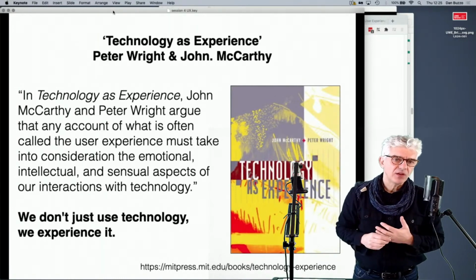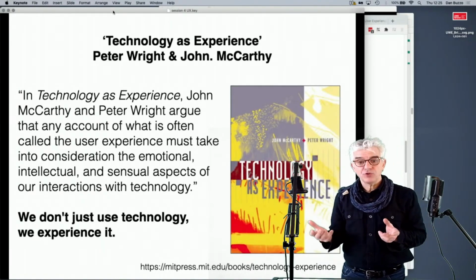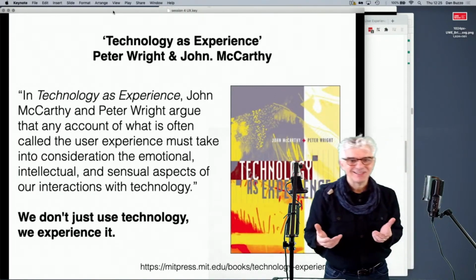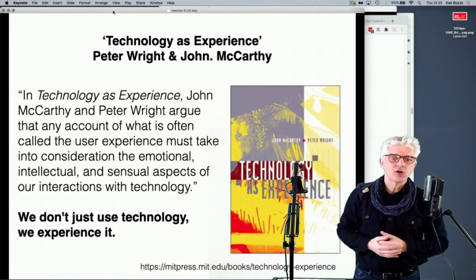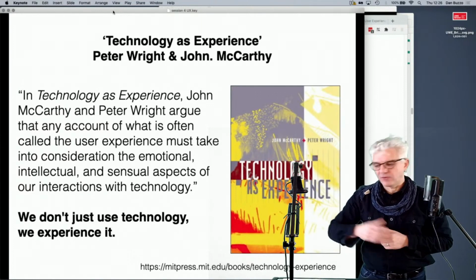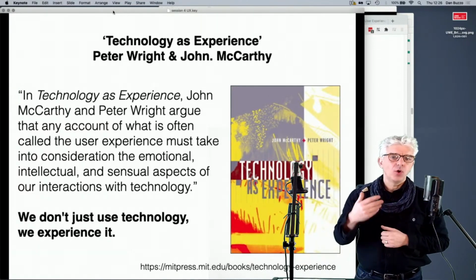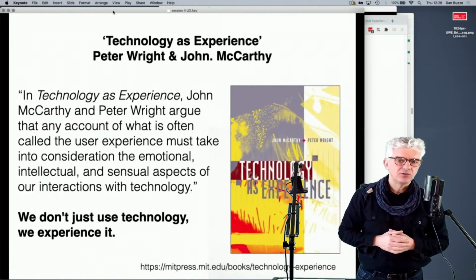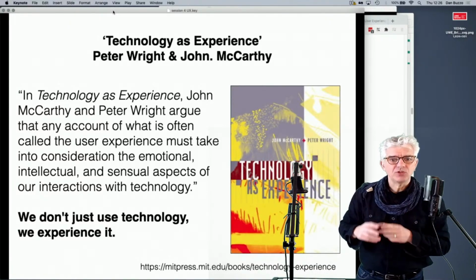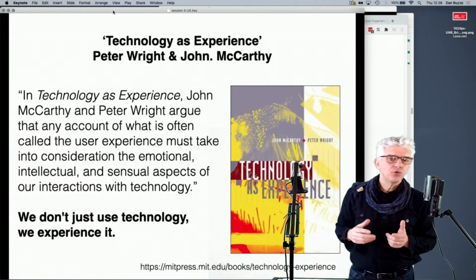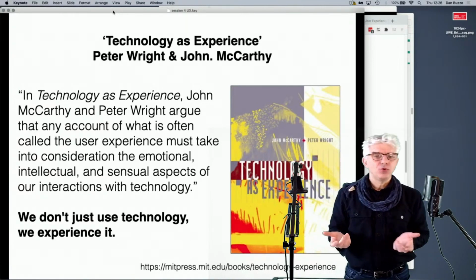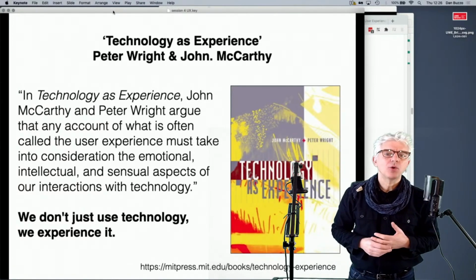If that sounds strange, a lot of the discussion around using technology or design of technology and our interactions with technology, whether it's a television or a mobile phone or a lift or an accounting package, is that we use it. But if one talked about a beautiful garden that we might go and walk in, we wouldn't talk about using the garden.